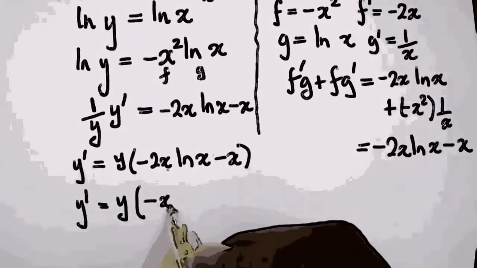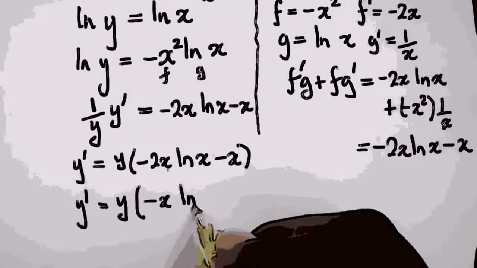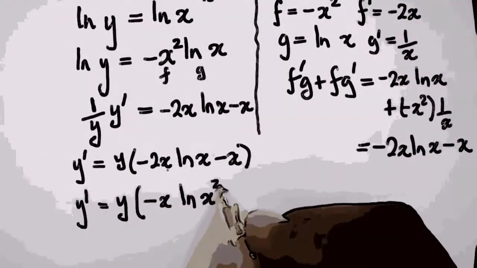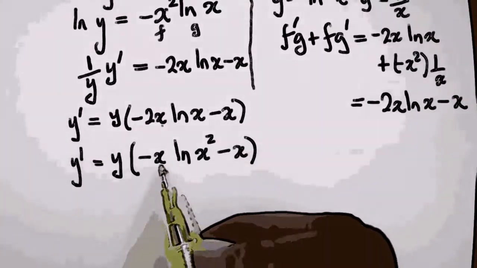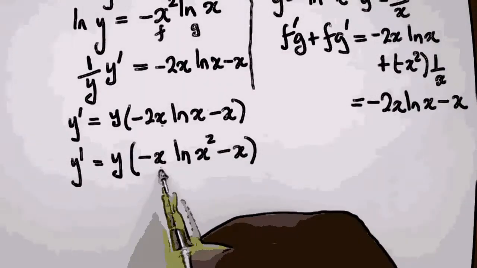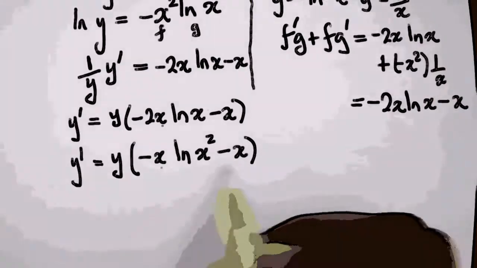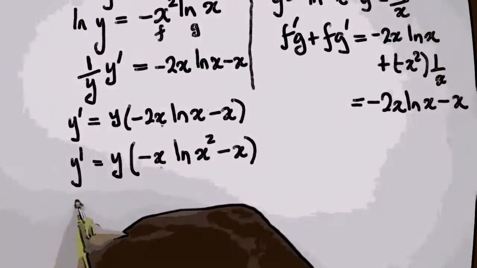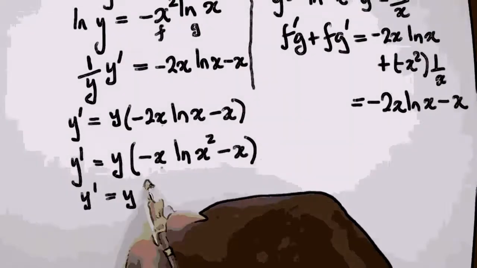The 2 is going to go up, so we now have ln x squared, and we still have our minus x there. Then you can see, because we've got two terms here, we can factor out the x. Let's factor out the x and see what happens. We still have our y there.